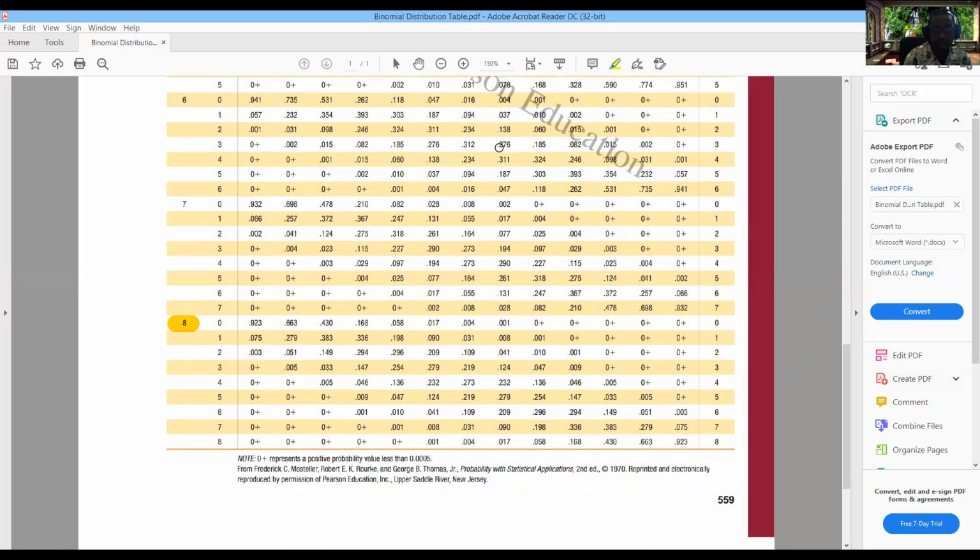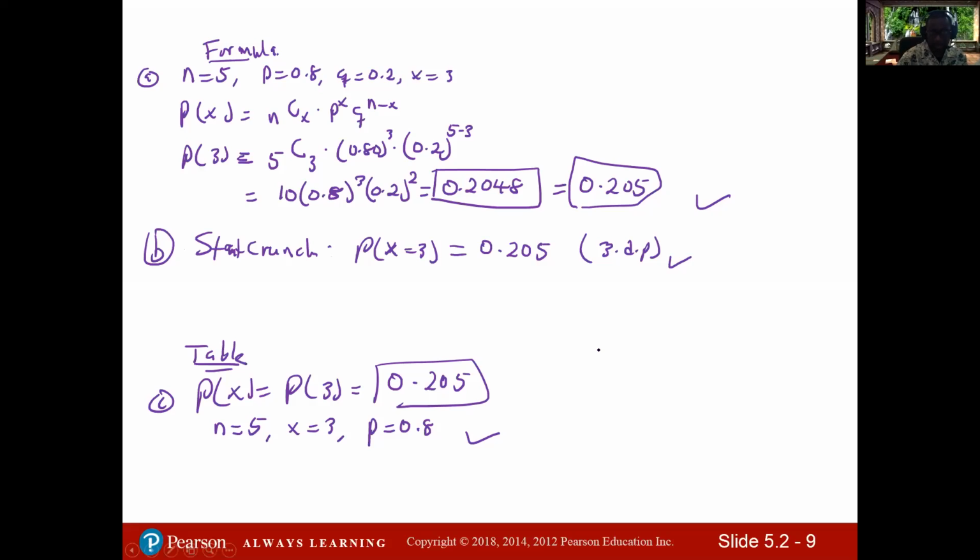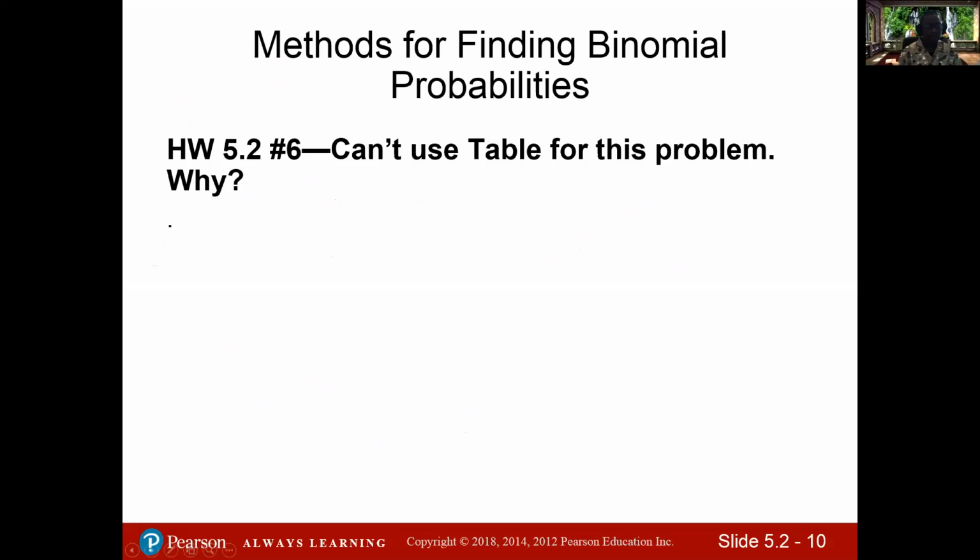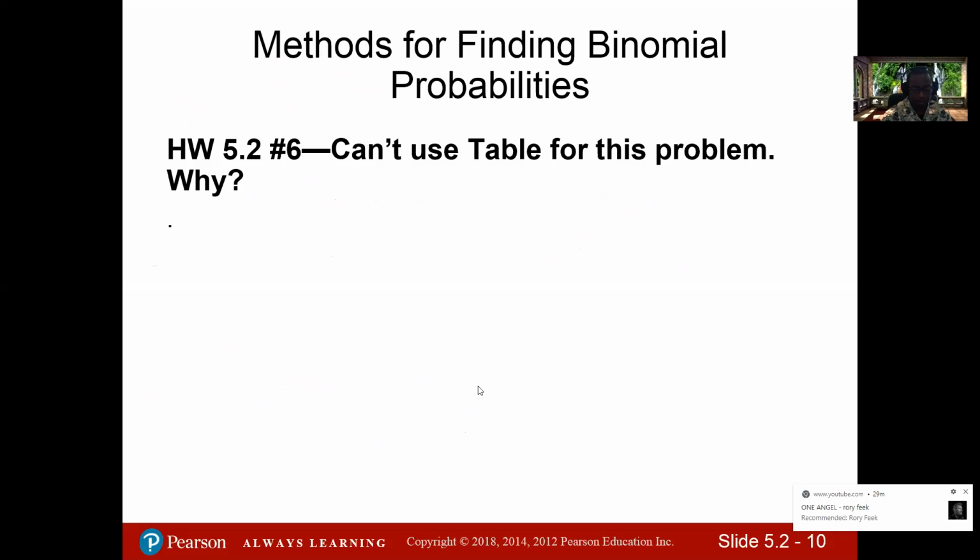Now let's go back to our PowerPoint and look at homework problem number 6. Here we cannot use the table, and I will show you the reason in a minute. We have to use StatCrunch. So let's go and share our screen.